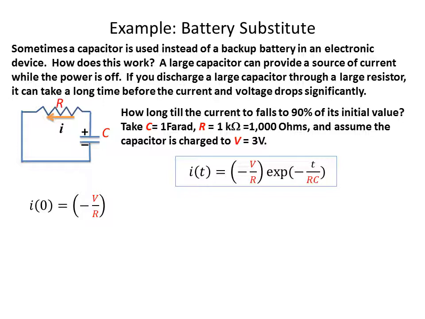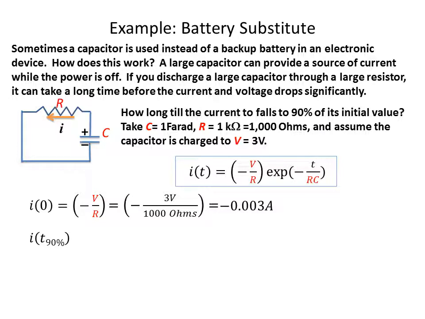At time equal to 0, we have the initial value, and if we plug in our values for voltage and resistance, we have negative 3 volts divided by 1,000 ohms, which is equal to minus 0.003 amps or 3 milliamps.